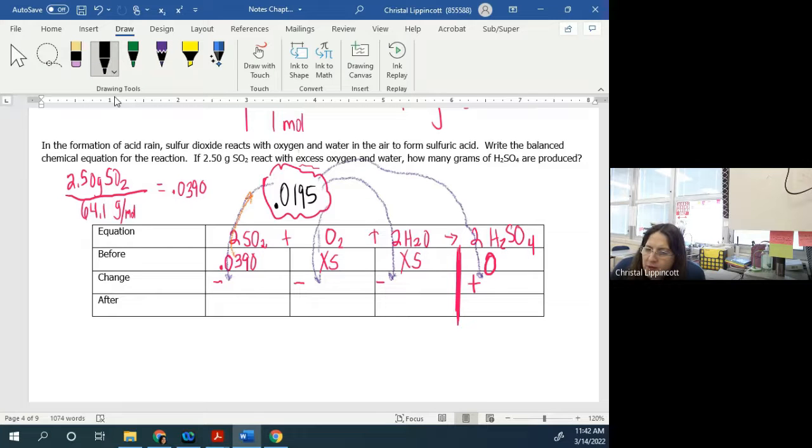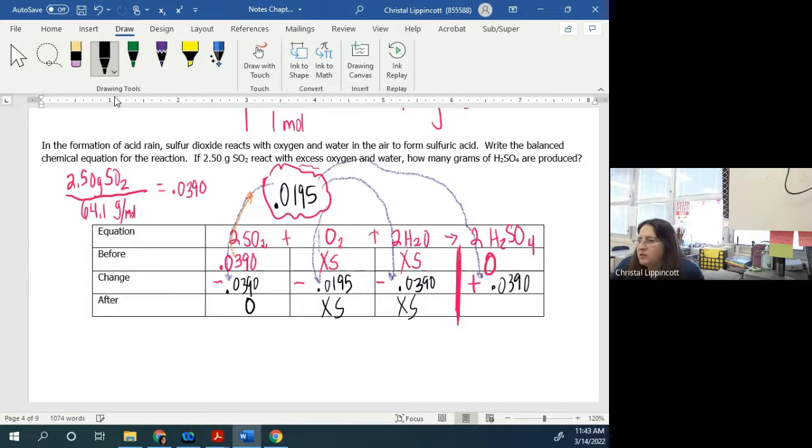So when I do that, this ends up being 0.0390. This is 0.0195. 0.0390 and 0.0390. So that leaves me with 0 of this, excess of these 2.